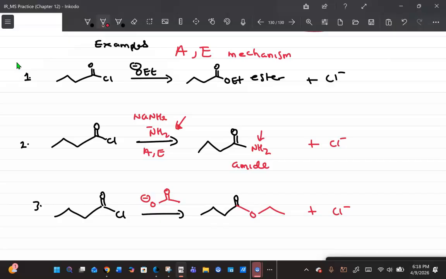Someone has to remove the extra hydrogen from ammonia. That is a D step. So down here, what you're getting is an anhydride. I did not draw the right product. Here you're getting anhydride. So you do not always get an ester, even though we take anhydrides to be mixed esters.